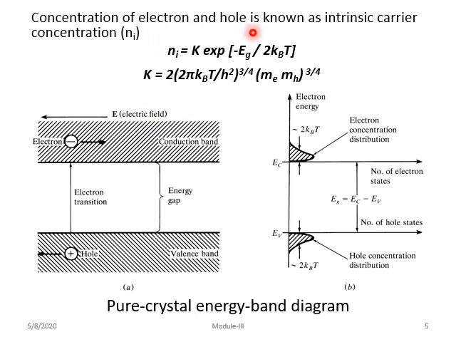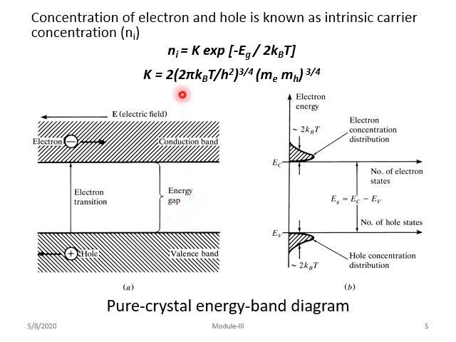The concentration of electrons and holes is known as the intrinsic carrier concentration, Ni. Ni can be calculated using the equation Ni = K exp(-Eg/2kBT), where Eg is the band gap energy, kB is the Boltzmann constant, and T is the temperature.